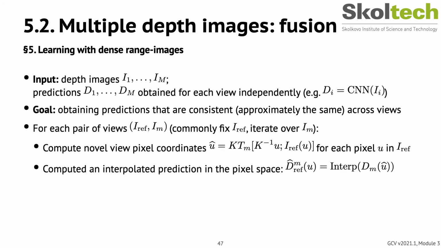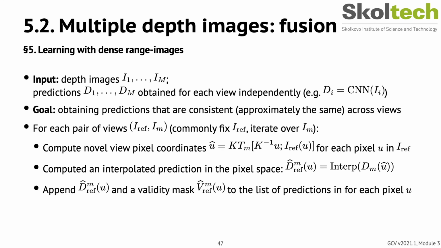We compute an interpolated prediction in the pixel space by basically sampling the predictions obtained for the novel view using linear interpolation at the non-integer coordinates U sub hat in the novel view space.